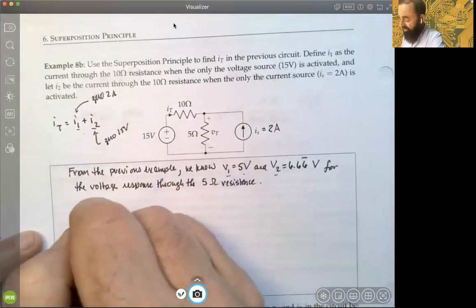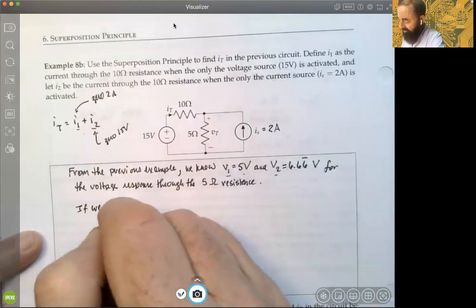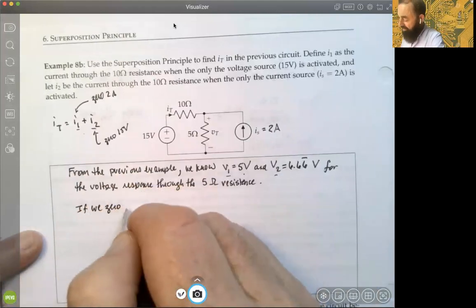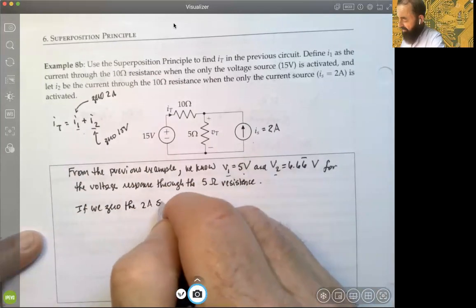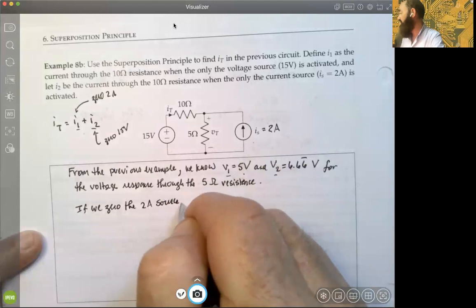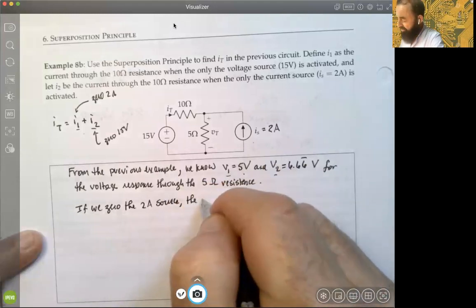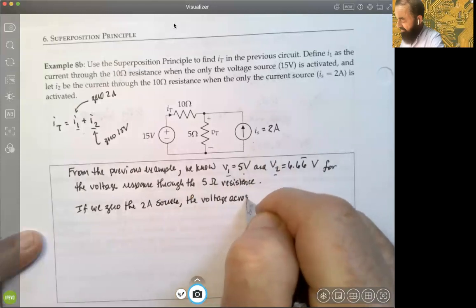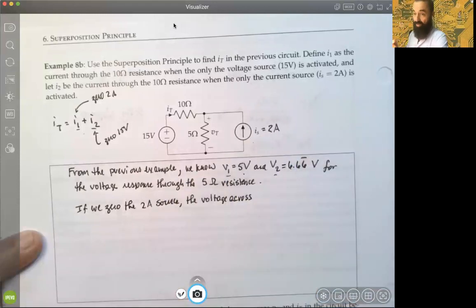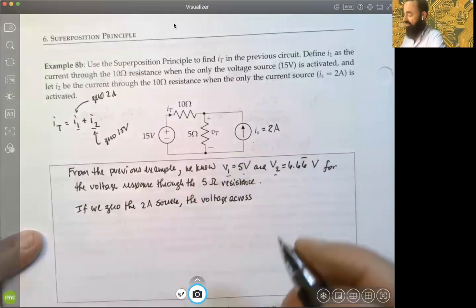So if we zero the 2 amp source over here, then the voltage across, again, zeroing it out definitely means an open circuit, right?